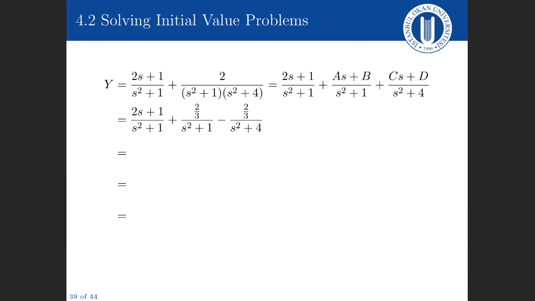I'm going to leave it for you to check that this must be 2/3 and minus 2/3. In other words, A must be 0, C must be 0, B must be 2/3, and D must be minus 2/3.